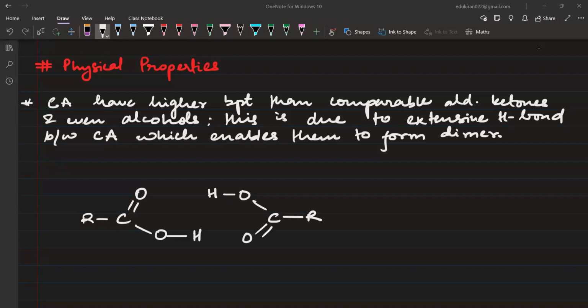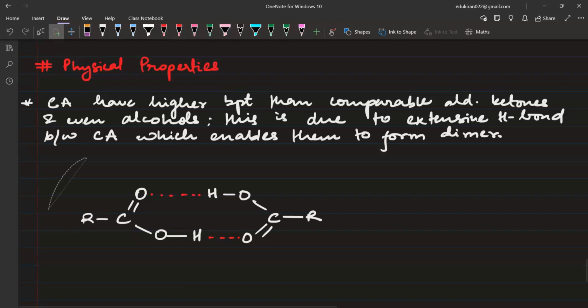It will be having billions of its companions, right? So there will be an interaction between the hydrogen and oxygen. So you have an interaction here like this and here like this. Since two of the molecules are interacting so closely, you now have to break two hydrogen bonds, and there is also a formation of a ring here. So it becomes quite a difficult task to break this particular dimer.